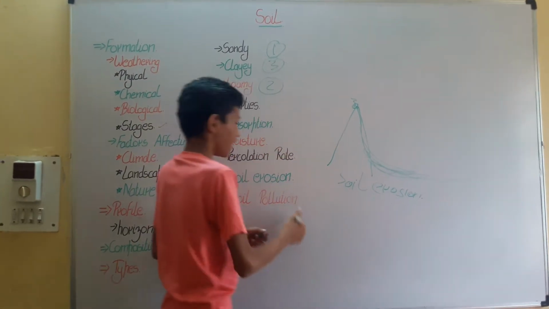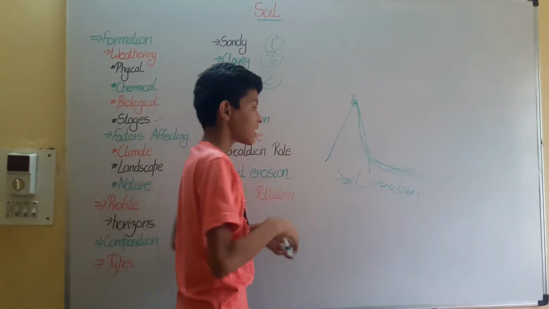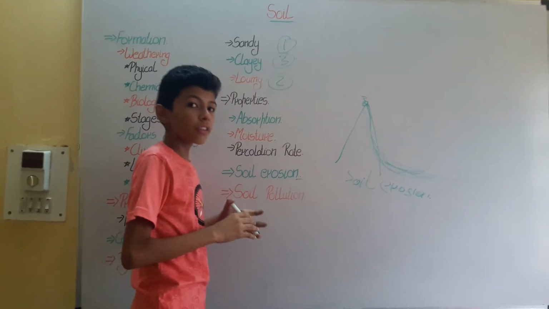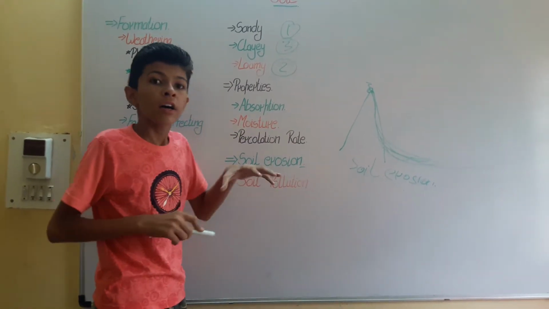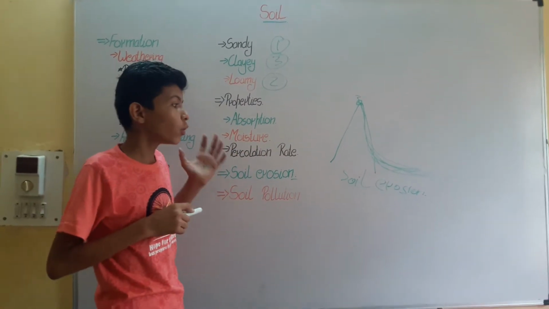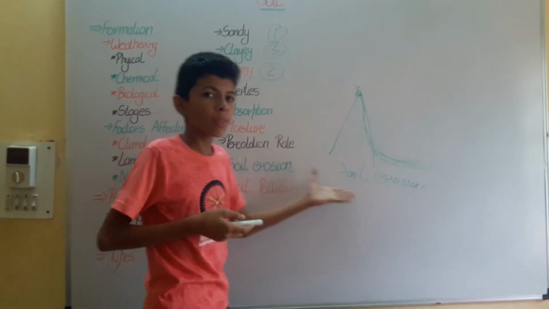This is mainly because of trees being cut down, because trees give a strong grip on the soil so it does not flow away with air and water.